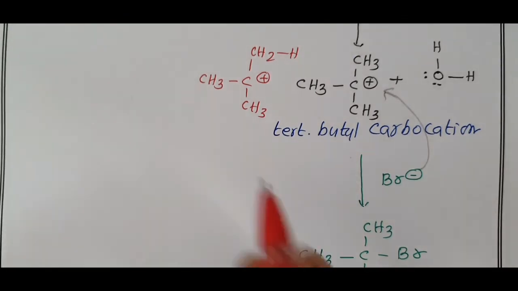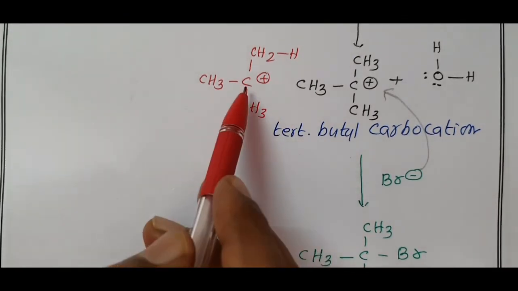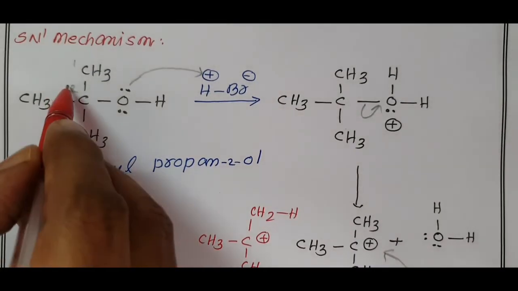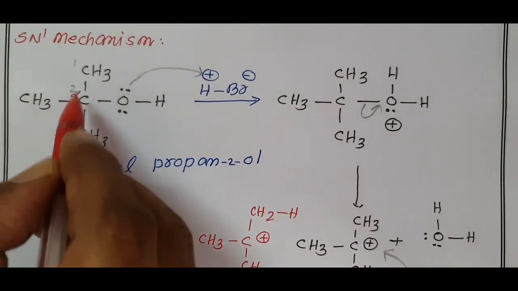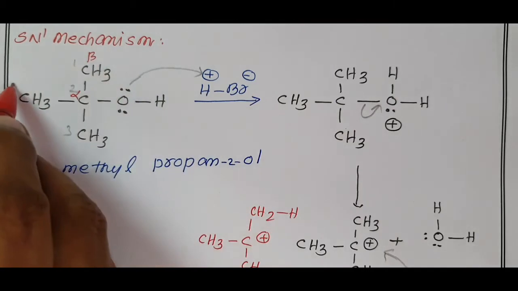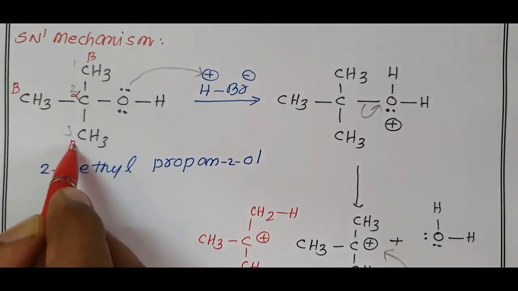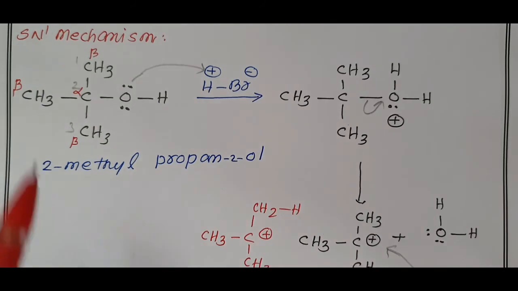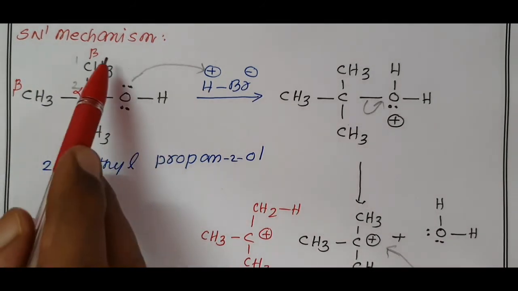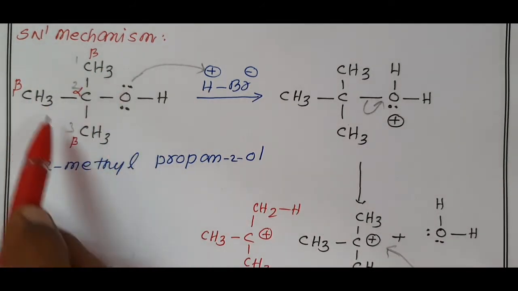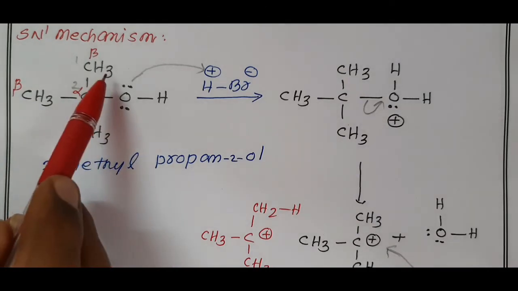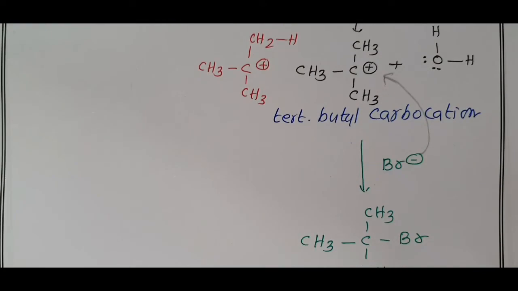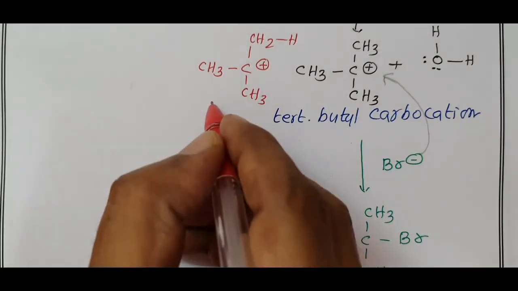So there may be a beta elimination. The functional group attached carbon atom is the alpha carbon. All the next carbon atoms are beta carbons, we know. During intramolecular dehydration, OH minus is removed from the alpha carbon, H plus is removed from any one of the beta carbons. Now, H plus is removed from this methyl. There may be one beta elimination.